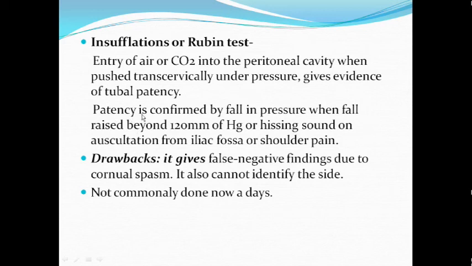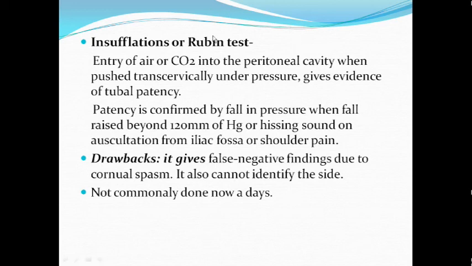This patency is confirmed if we increase the pressure from the vaginal end and there is a fall in pressure beyond 120 mm of mercury, because the gas is escaping out from the fimbrial end. You may even auscultate a hissing sound from the iliac fossa, or the patient may have shoulder pain. So this was the principle of Rubin's test.